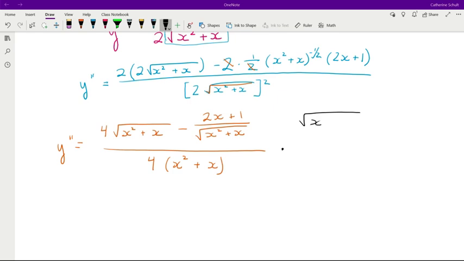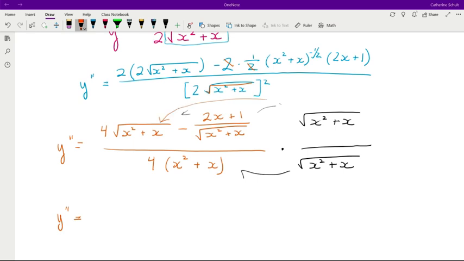So I'm going to multiply top and bottom by the numerator, clear the numerators. I'm going to multiply the 3 terms by this. So root x squared plus x times root x squared plus x.